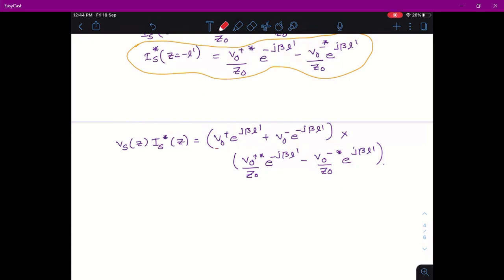Let us take V0 plus outside from here, and V0 plus conjugate by Z0 out from here.